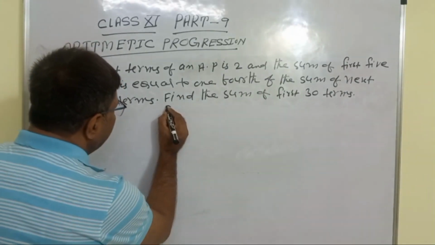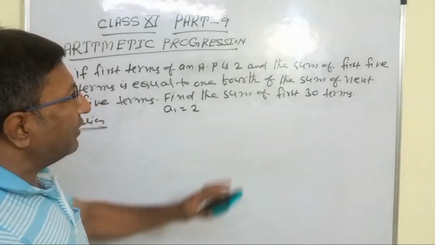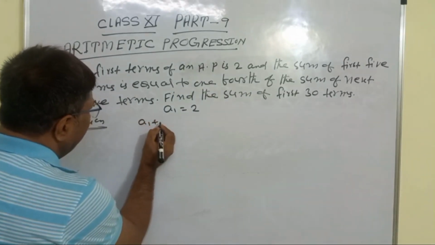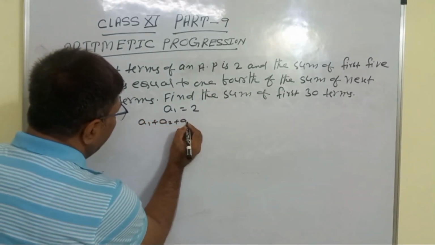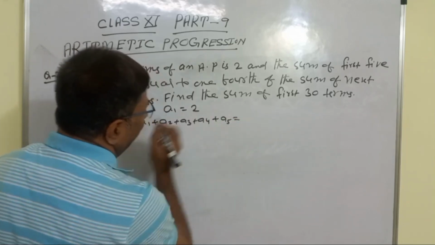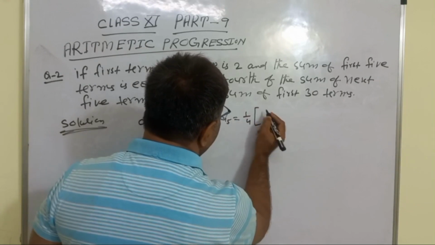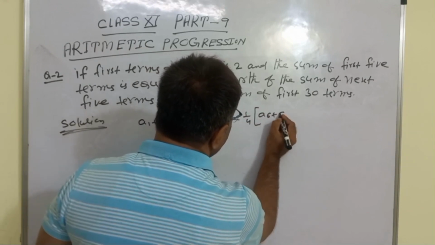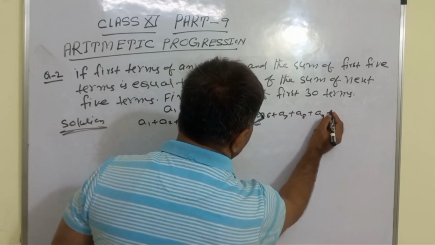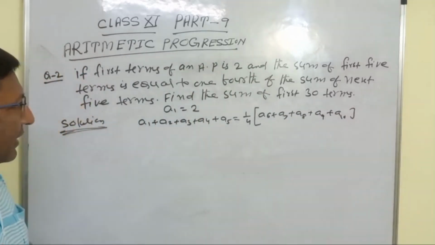The first term A1 equal to 2, and second, the sum of the first 5 terms, that is A1 plus A2 plus A3 plus A4 plus A5, equal to 1/4 of the next 5 terms, A6, A7, A8, A9 and A10. Right? Now we can write this 4.